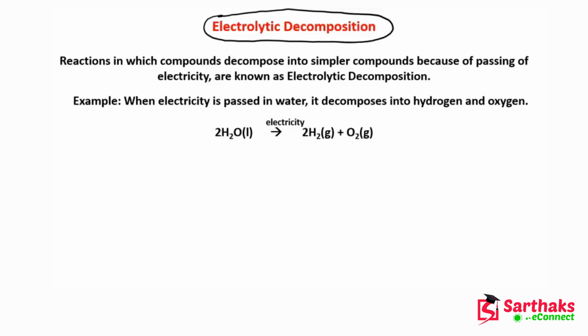Because here we will decompose a compound, but in this particular case we will provide it electrical energy. So we will break this compound into its components using electrical energy. That's why this decomposition is known as electrolytic decomposition.